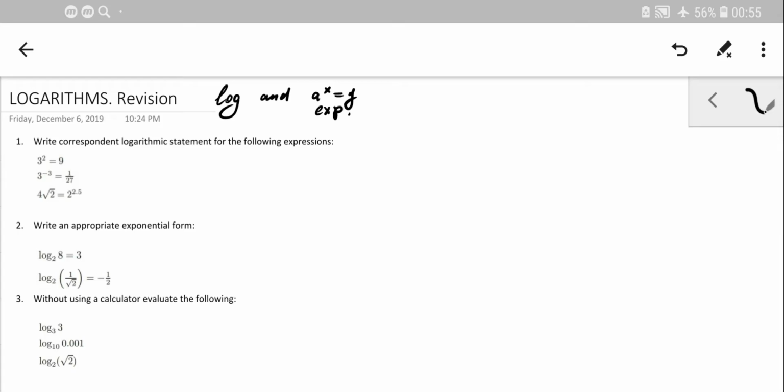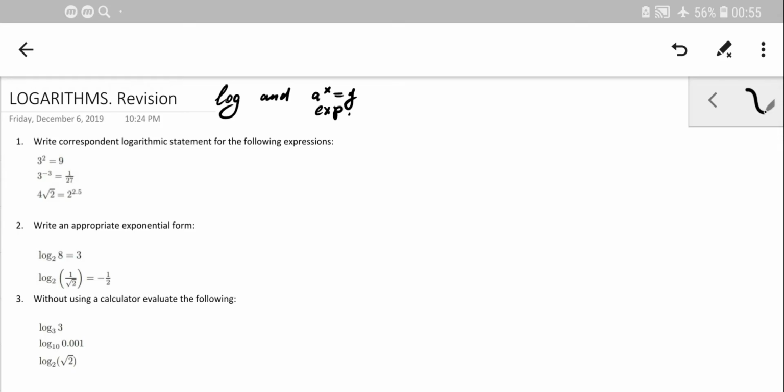For logarithmic statements where you have logs, you need to be able to convert the expression into an appropriate exponential form. You also need to be able to calculate without a calculator. You can use a calculator, but if you're asked to do it without one, the question is about understanding how logs function.